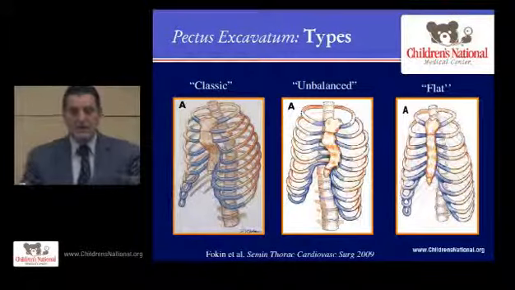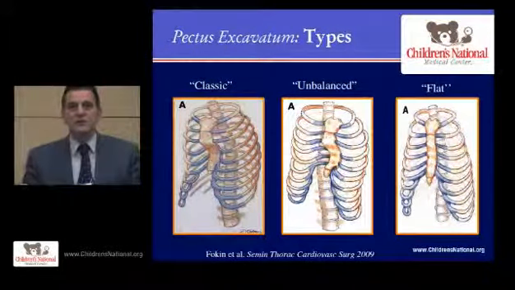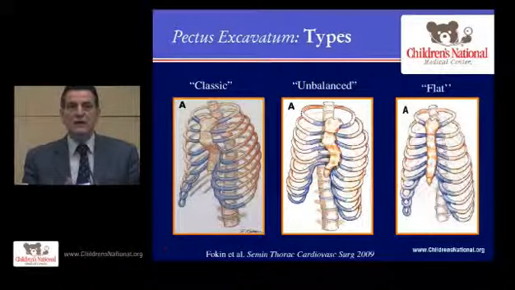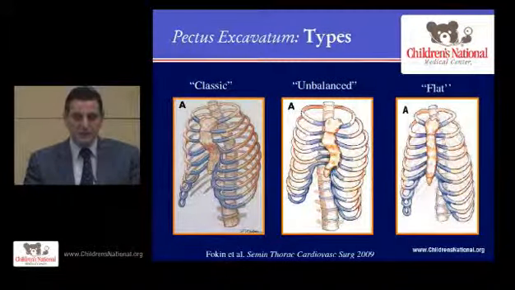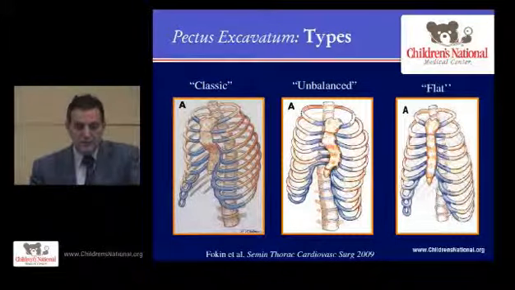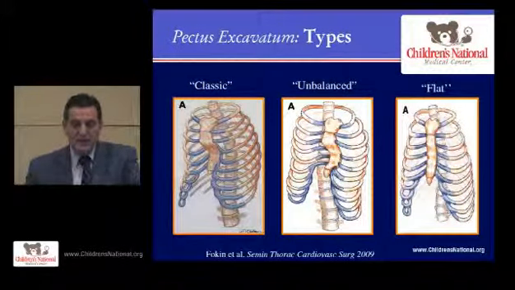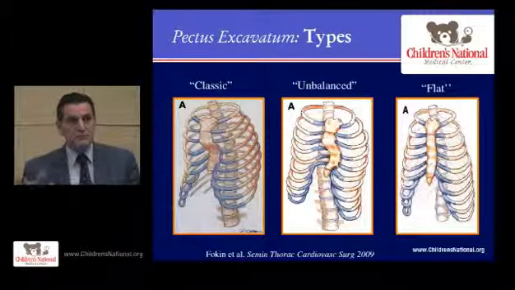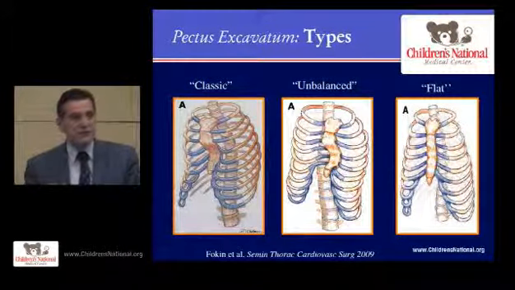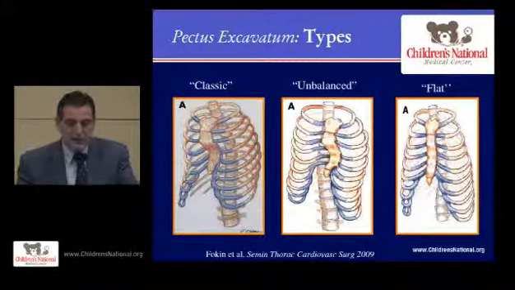So there is the classic one, in which case you have a fairly central and relatively symmetric displacement of the sternum inward. Then you have the unbalanced one, where you have not only the inward displacement, but also pretty significant asymmetry in the rib cage.